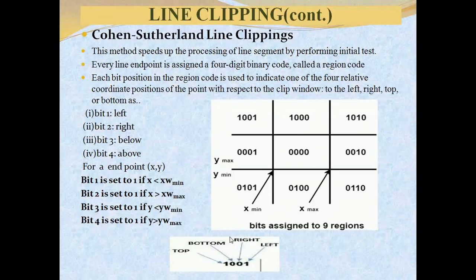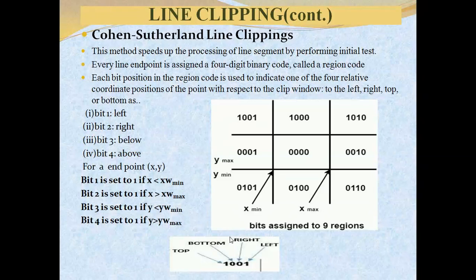This method is very simple and useful for line clipping, a very efficient algorithm. This algorithm defines a four-digit binary code for the neighbors of the clipping window. This is called the region code.